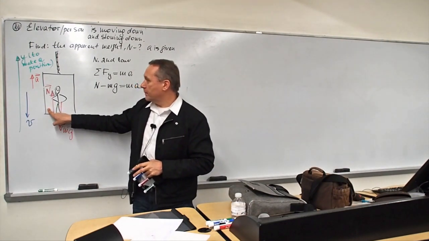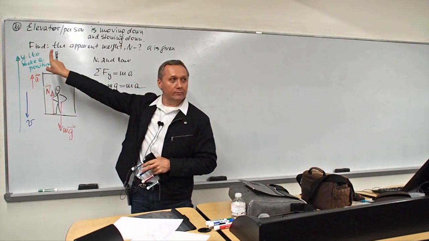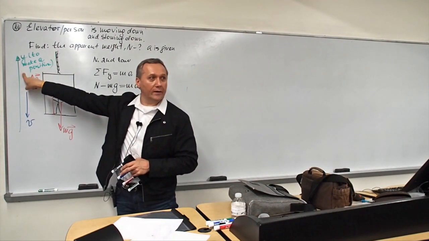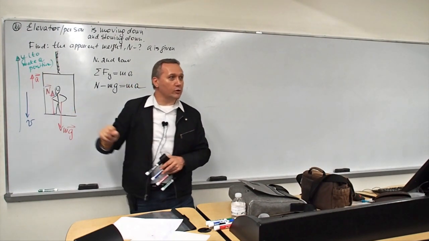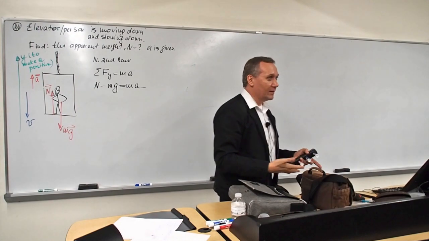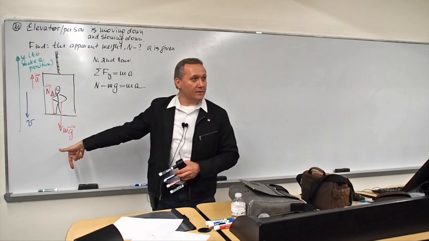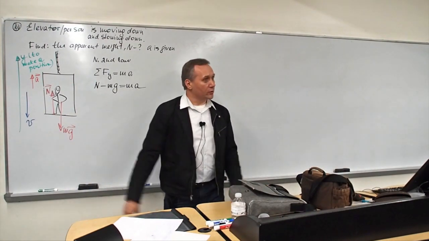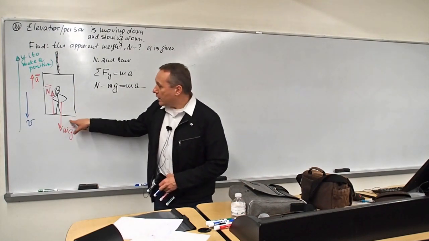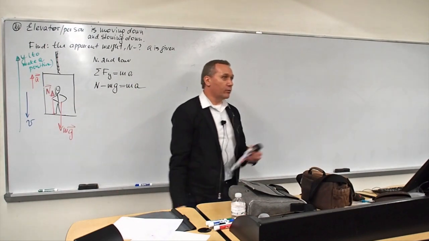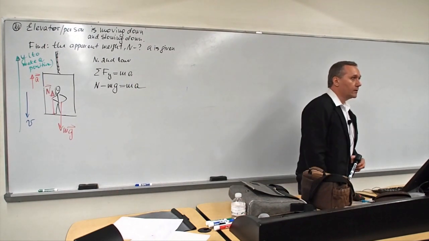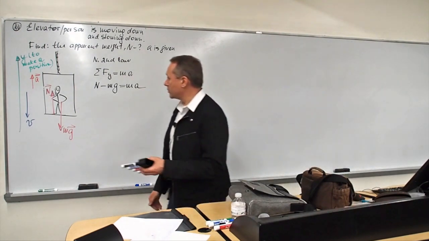Normal force acts upward in the positive y direction, so it goes into the equation with plus. Then gravity acts downward, so it acts in the chosen negative y direction. So that's why N minus mg.